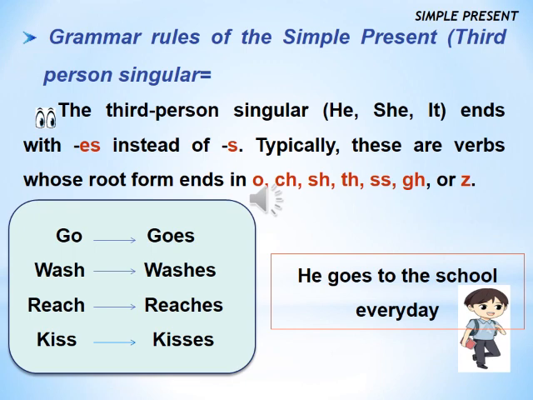The sentence of the worksheet says, he goes to school every day. Why? Because you use the third person singular he, and the verb is go. You must add es.